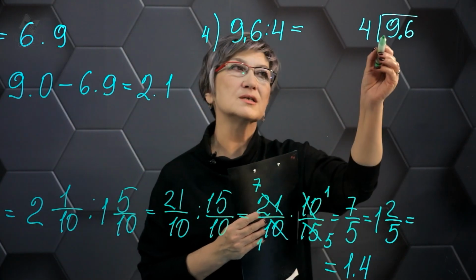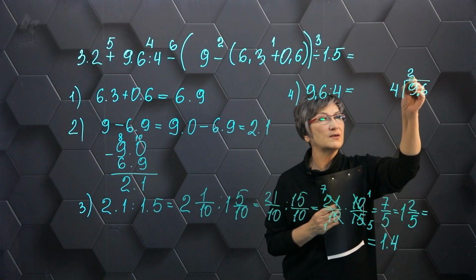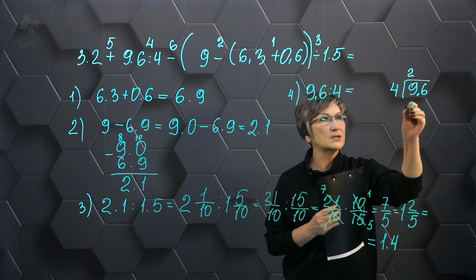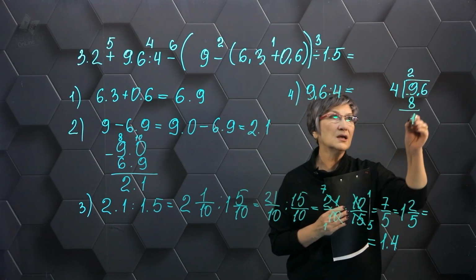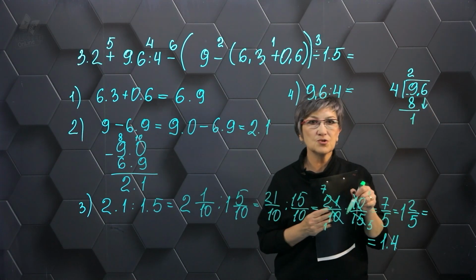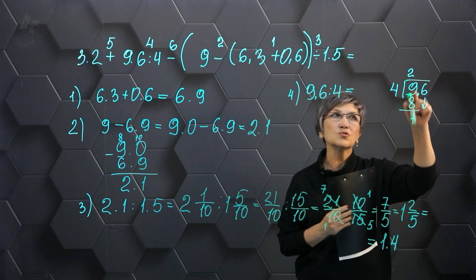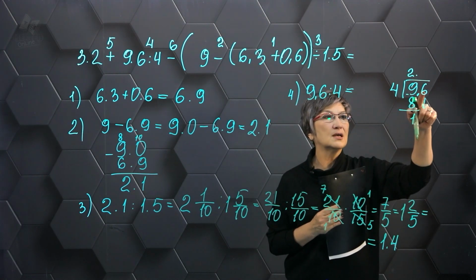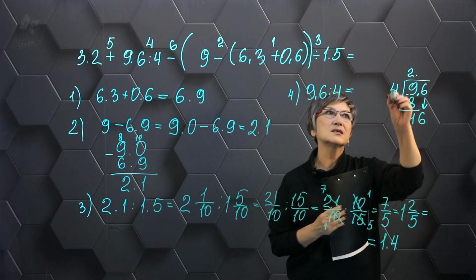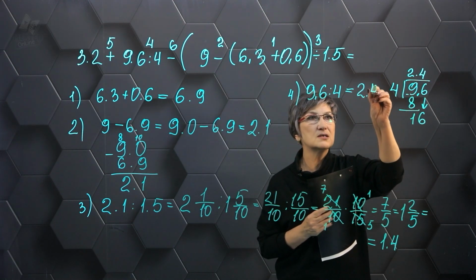I'm dividing the integer part: 9 divided by 4 is 2. Twice 4 yields 8. 9 minus 8 would be 1, and I need to bring down the 6, but I see that the decimal point is in the way, so I put a decimal point. And then 16 divided by 4 equals 4. This calculation results in the decimal value of 2.4.